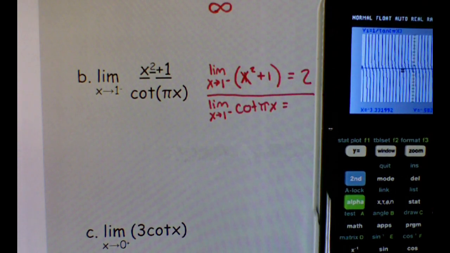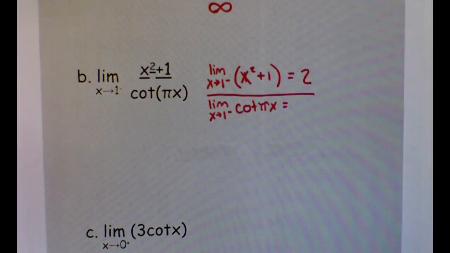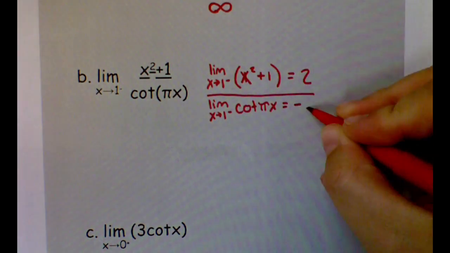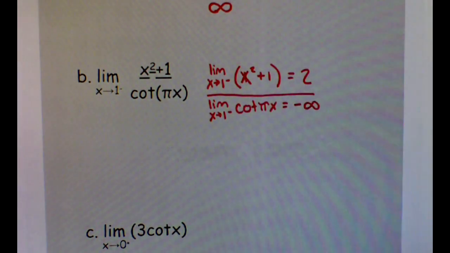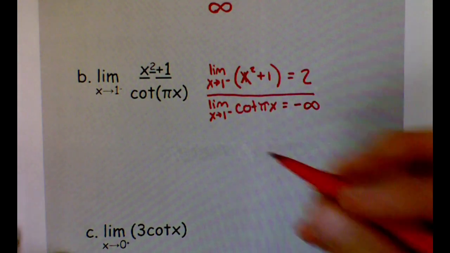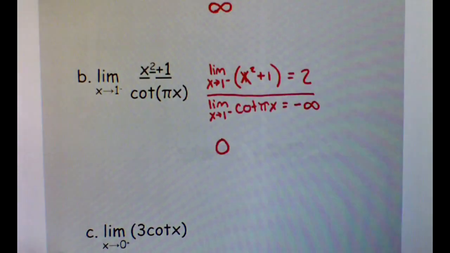As I approach 1 from the left, x is close to 1, y is negative, and getting more negative before it jumps up. So that is negative infinity. So 2 divided by negative infinity, any number divided by infinity is always 0.